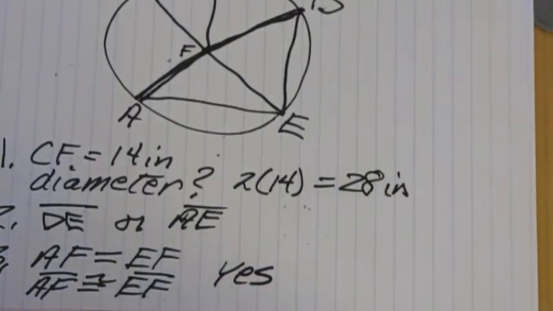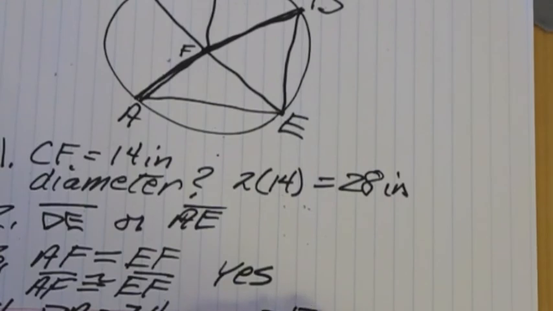And finally, the last question is number 4, if DA equals 7.4 centimeters, then what is EF?